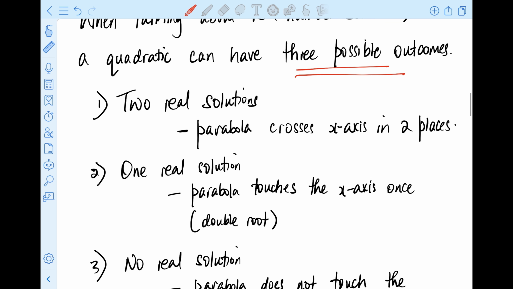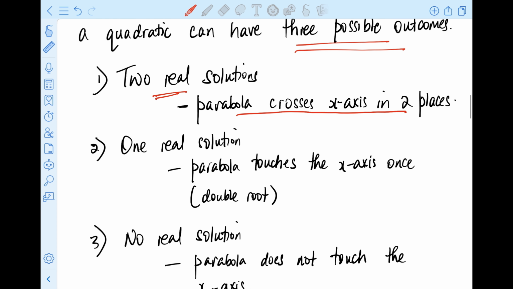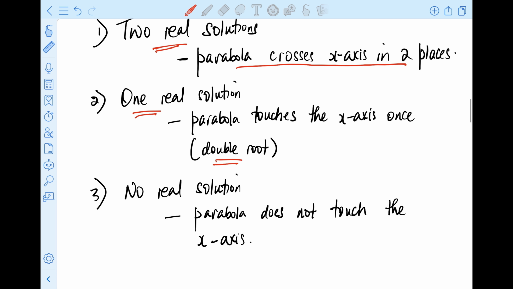You can either have two real solutions, represented by the parabola crossing the x-axis in two places. One real solution is where the parabola touches the x-axis once, and this is referred to as a double root. Or we can have no real solution, and this is when the parabola does not touch the x-axis.